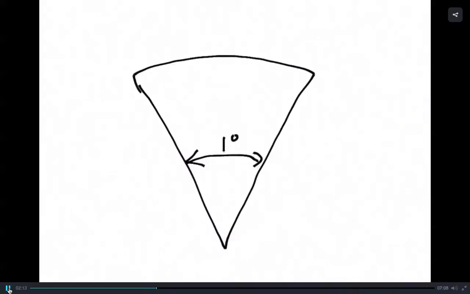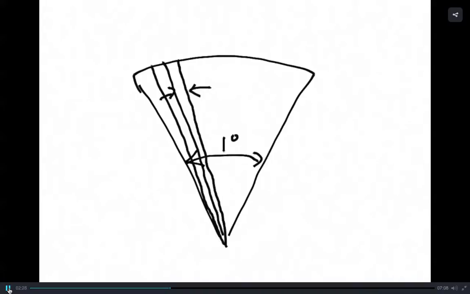So we had a pizza, we divided it into 360 slices, and each slice is 1 degree wide, as shown. What if we needed to divide this one slice of pizza into 60 more slices? Well, each slice is much narrower than a degree. So we're dividing this one slice of pizza, 1 degree wide, into 60 other slices. And that angle that we now see is 1 arc minute.